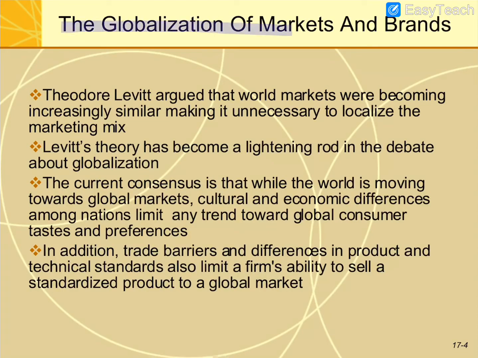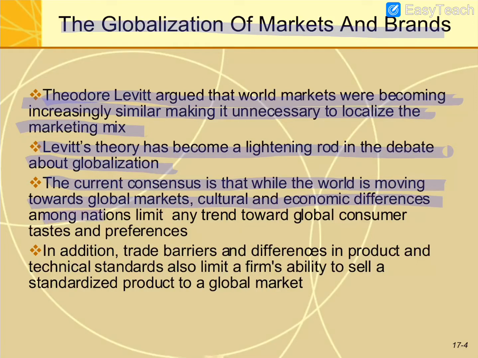The globalization of markets and also brands. Theodore Levitt argued that world markets were becoming increasingly similar, making it unnecessary to localize the marketing mix. So Levitt's theory has become a lightning rod in the debate about globalization. The current consensus is that while the world is moving towards a global market, cultural and economic differences among nations limit any trend towards global consumer tastes and preferences.